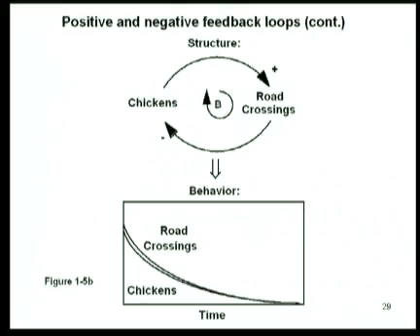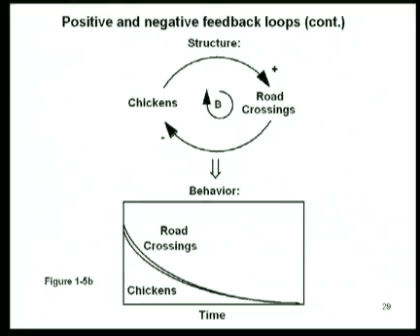As the number of road crossings increases, I will submit the number of chickens goes down, because we do have vehicular traffic. They hit the chickens, they kill them, if you will. And so in this structure, we have what's known as a balancing feedback loop or a negative feedback loop.